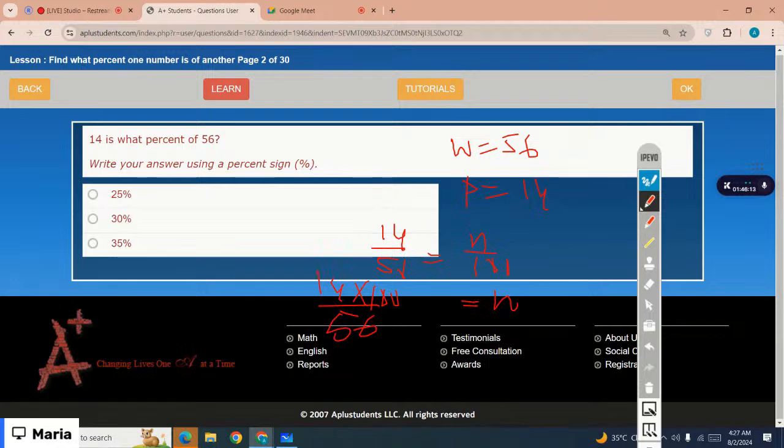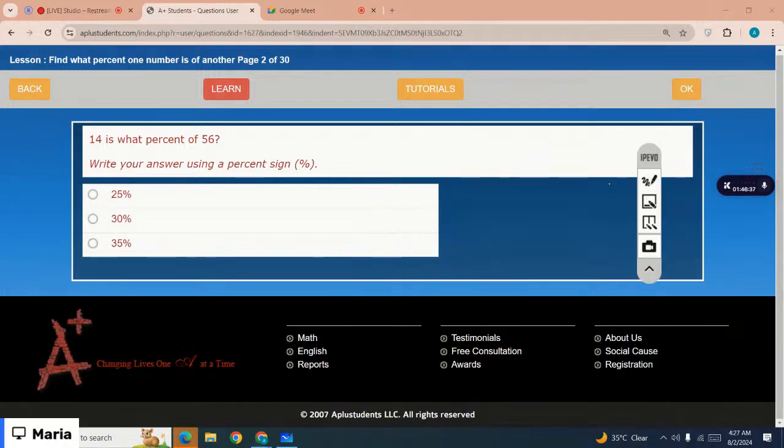Just two calculations, so that is 25%. The correct option is option number 1, 25%. Got it?